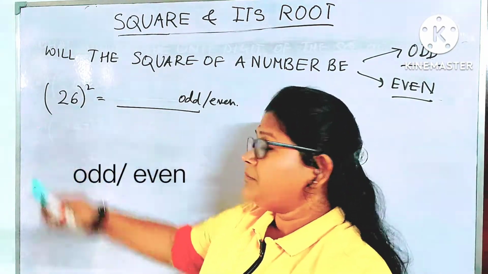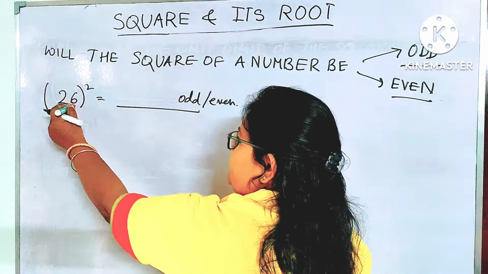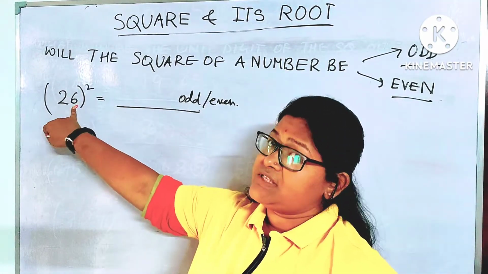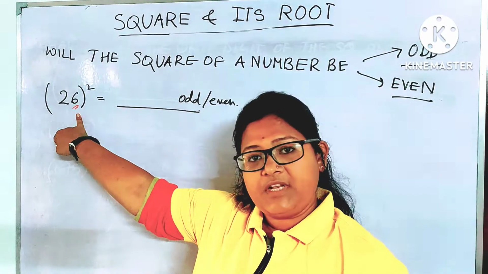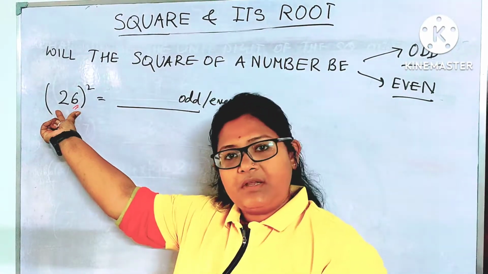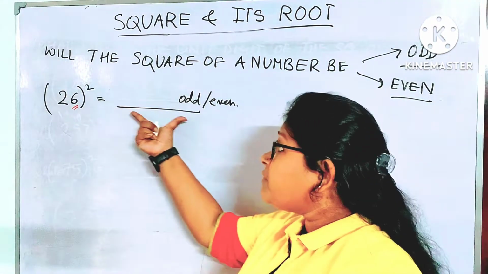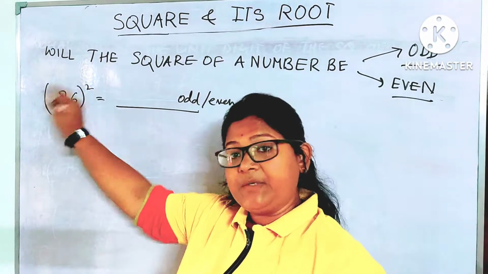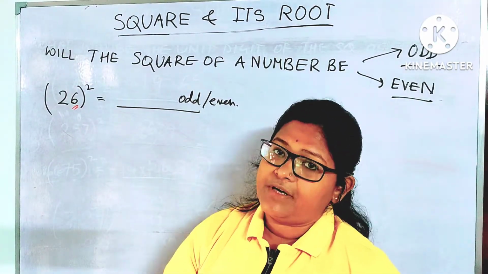By looking at the unit digit of the number. Correct? In this case it is 26, so 6 is the unit digit. It's an even number. But what about the square of the number? Do we have to multiply 26 into 26 and then find out?